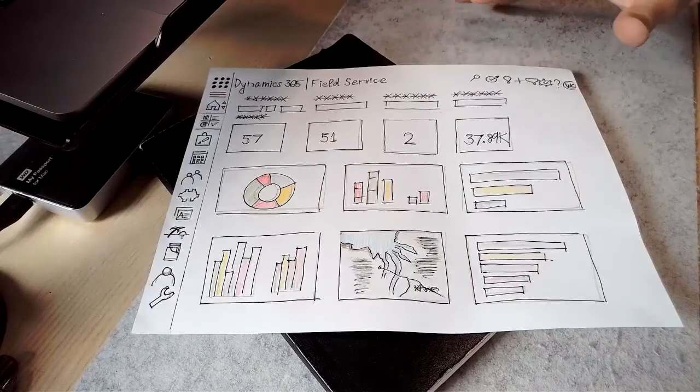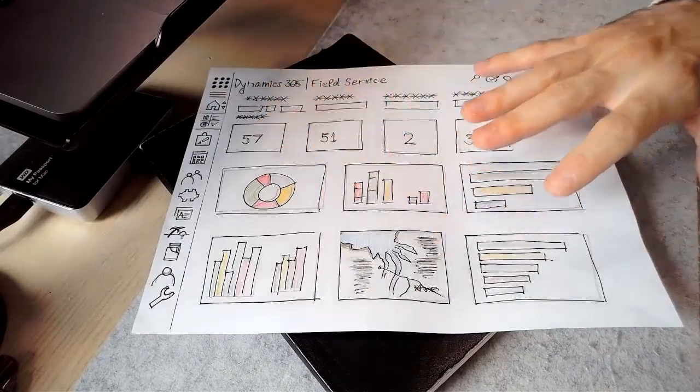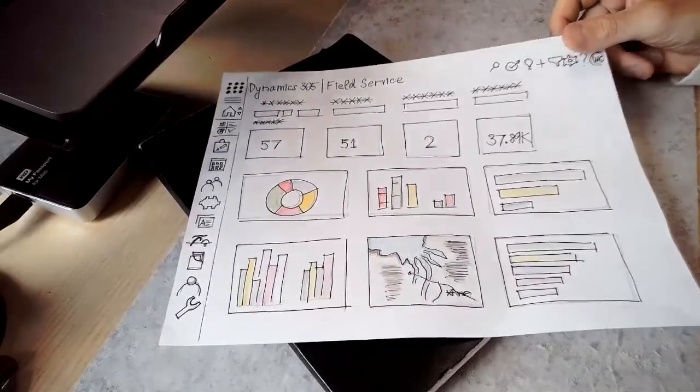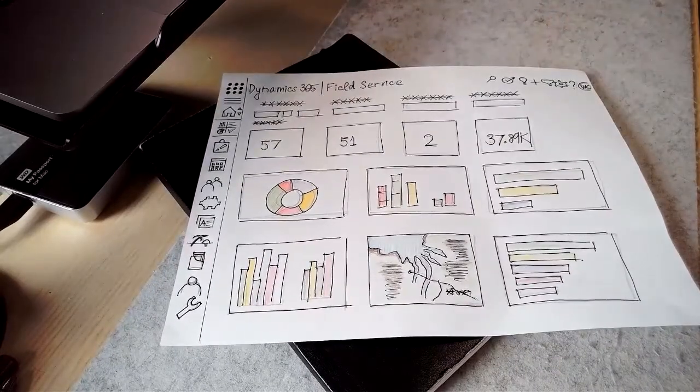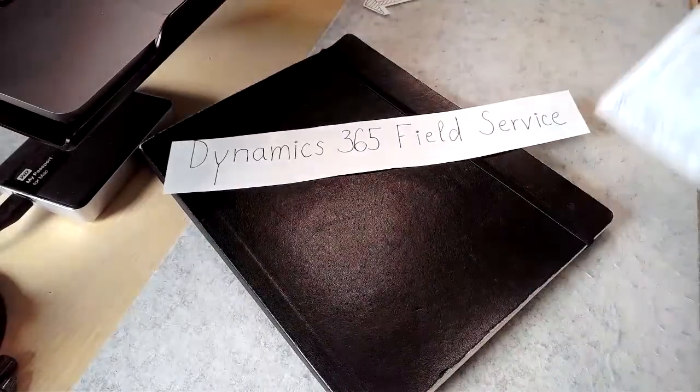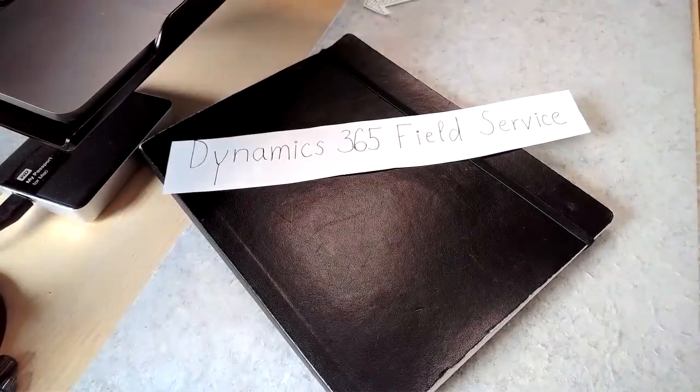So what we have here is Microsoft Dynamics 365 Field Service. This should be a familiar dashboard, or the first look when you launch Dynamics Field Service. For simplicity, I'll just replace it with a name tag and we'll call it DFS, Dynamics FS.